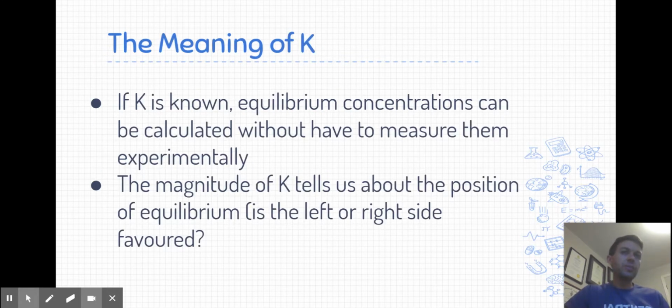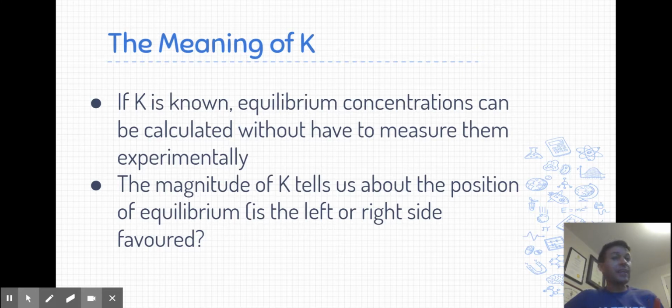Describing a situation where we can have a constant is important because we can apply that constant to various situations. For example, if we know the equilibrium constant K for a particular chemical reaction at a particular temperature, we can actually calculate equilibrium concentrations without having to measure them experimentally.